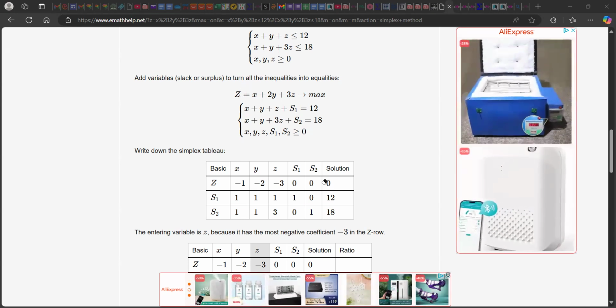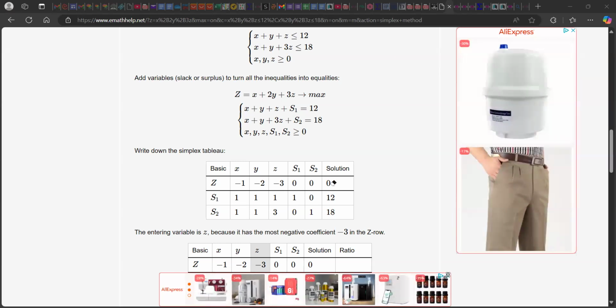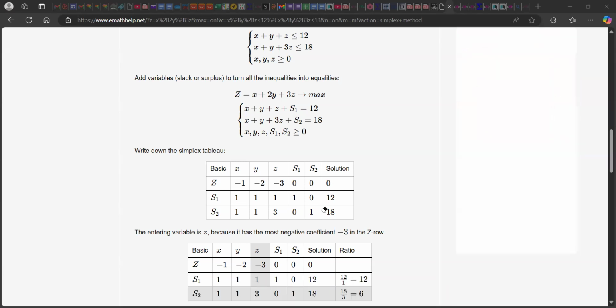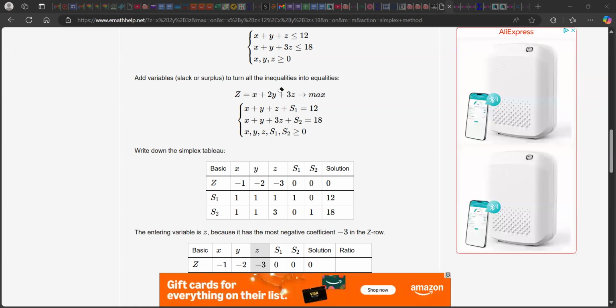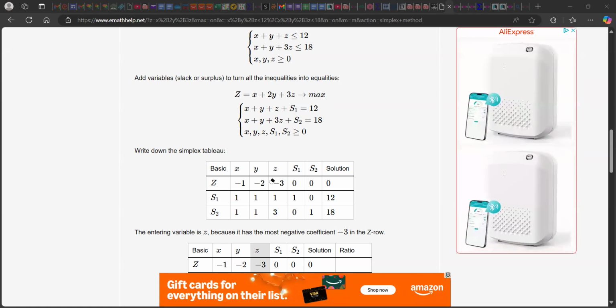So you're starting out with saying that z takes on a value of 0. So that's why you have -1, -2, -3 instead of 1, 2, and 3, right? And there are no slack variables in the objective function. That's why you have a 0 here and a 0 here. These here can go as they are: 1, 1, 3, 1, 18. Okay, that's this one here.